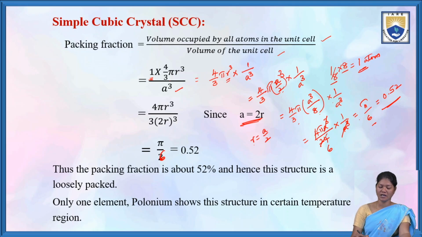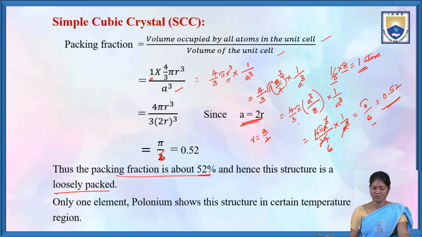So the atomic packing fraction is about 52%, and hence this structure is loosely packed, because only 52% of the unit cell is occupied by atoms. The remaining part is free.